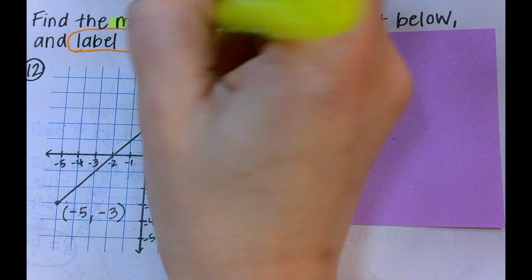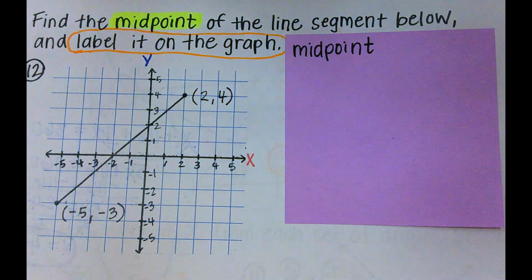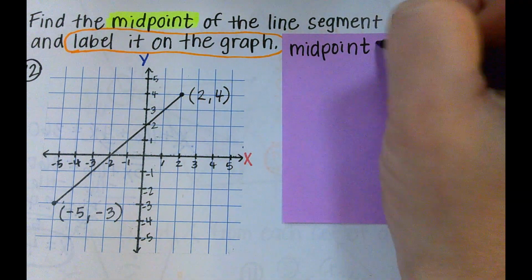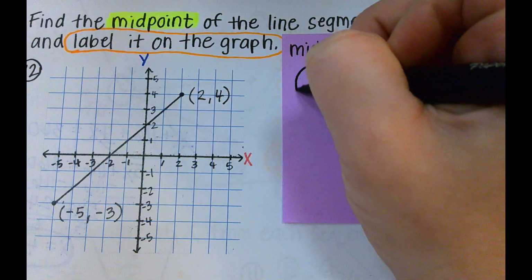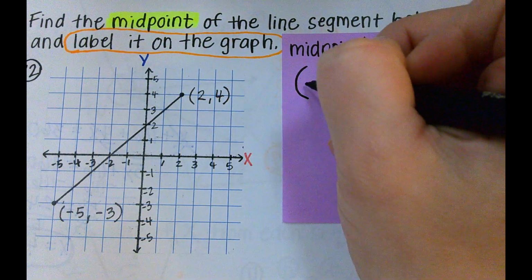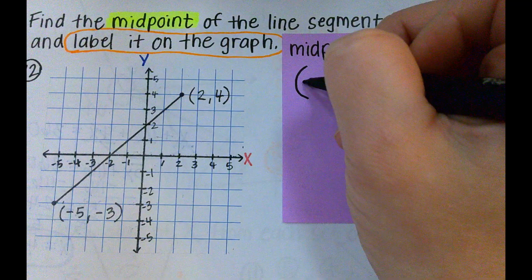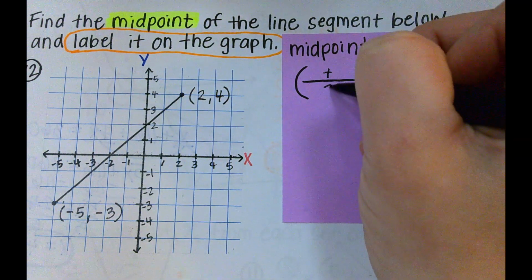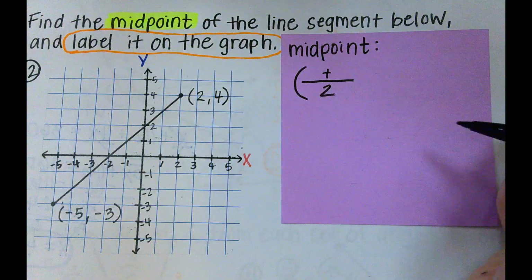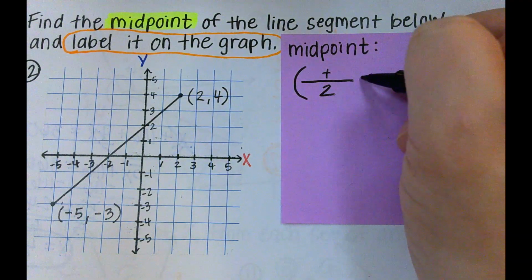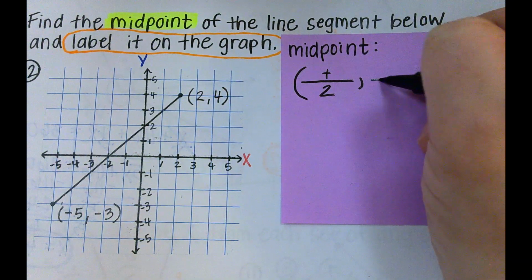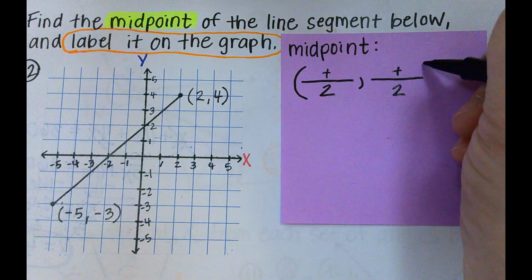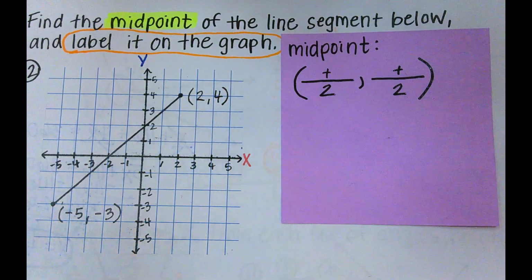So I know that I'm not doing distance, I'm doing midpoint here. So my midpoint formula is: start with a big parenthesis, and I know I'm going to add something and divide by 2, comma. Another thing I'll add 2 numbers, divide by 2, close the parenthesis.